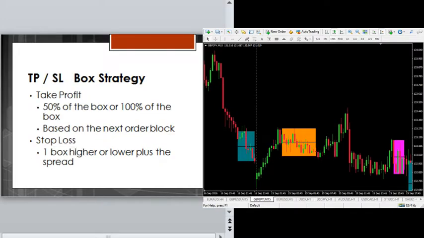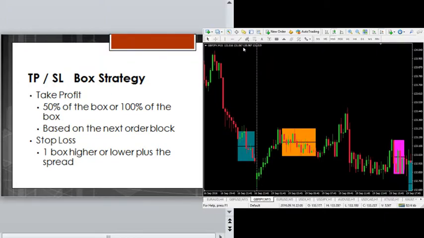Now how are we going to set a take profit for the box strategy? Let me read through and then I'll give you some examples later on. The take profit would be 50% of the box or 100% of the box, or it is based on the order block.